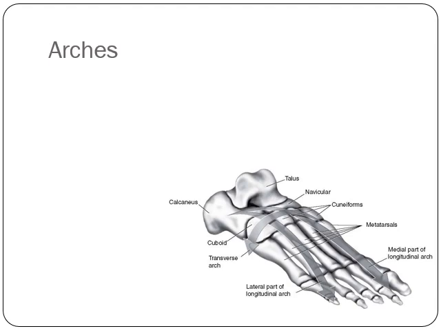So looking at the arches, we've alluded to the arches a little bit throughout our discussion. Again, the functions of the arches is that they allow the foot to adapt, they allow the foot to become rigid for propulsion, and they also allow for good weight bearing and for a base of support. Now the structures involved with the different arches, so we have the medial longitudinal arch.